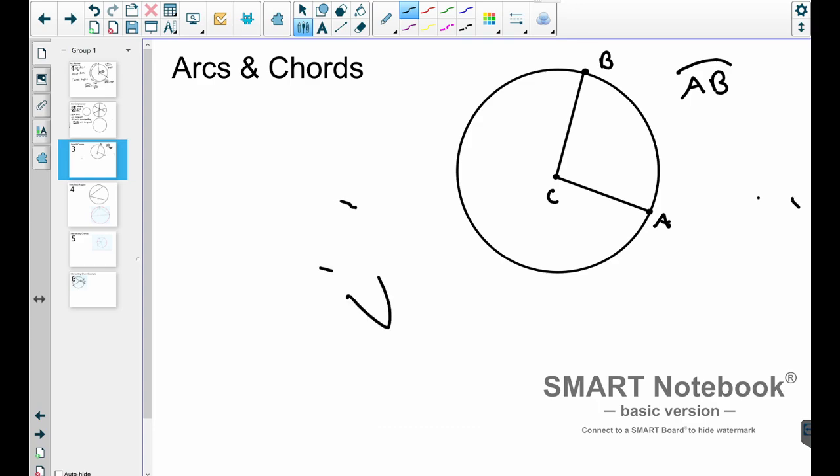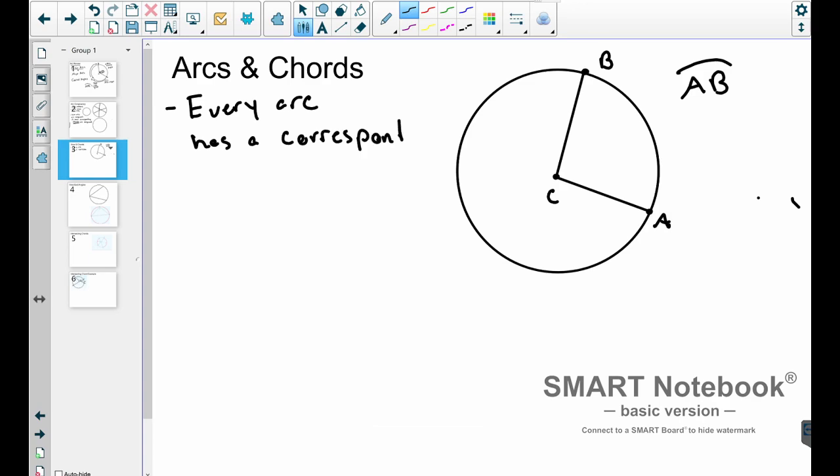So we can say every arc has a corresponding chord, and that chord will share endpoints with the arc.